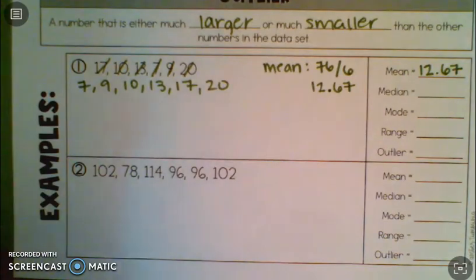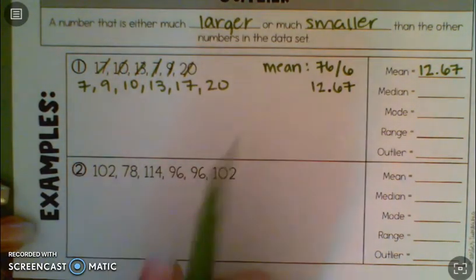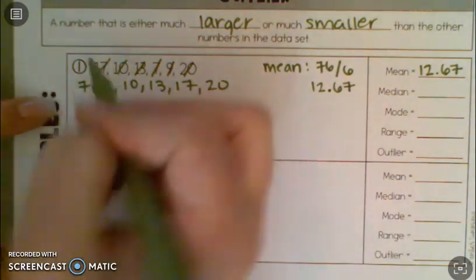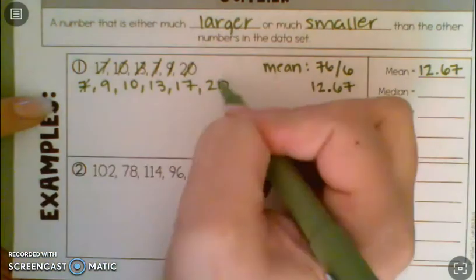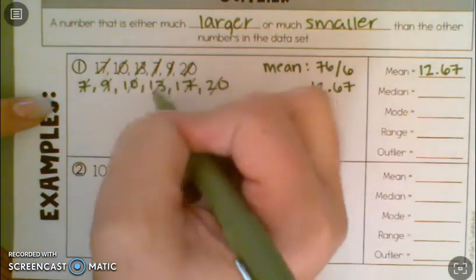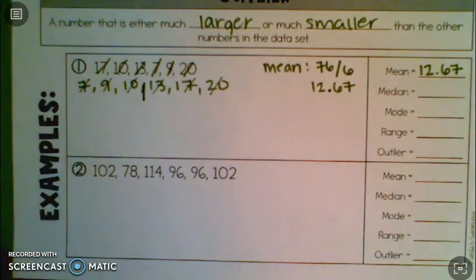Okay, next we have our median. So our median is going from left to right, and you have to cross off as you go. So my first one would be 7 and 20, 9 and 17, 10 and 13. So the median is going to be right there in the middle.